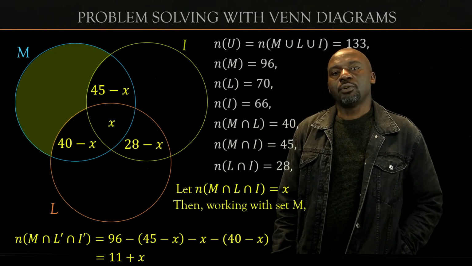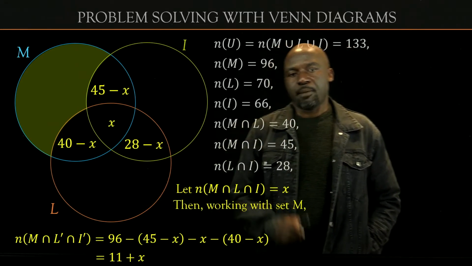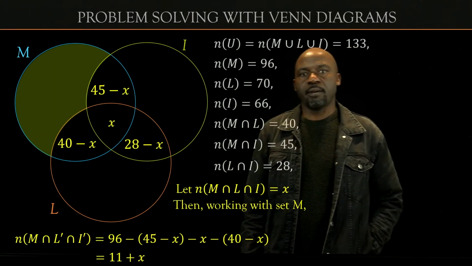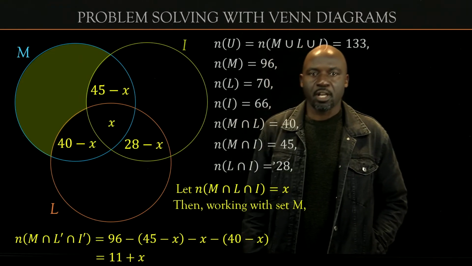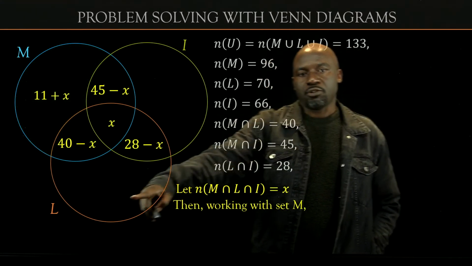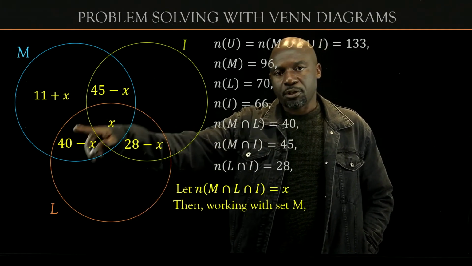Okay, we can do the same with the number of members who own oil shares but neither mining nor industrial shares. And to do that, to find this region here, we have to take the total for oil.